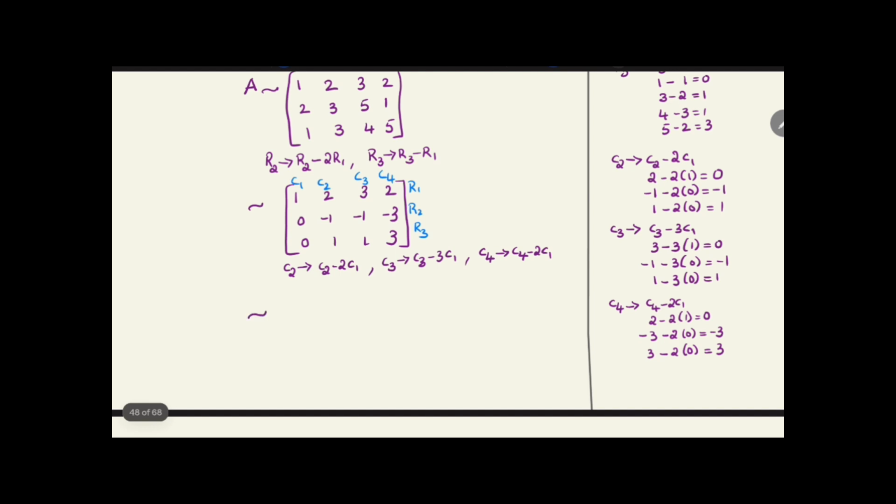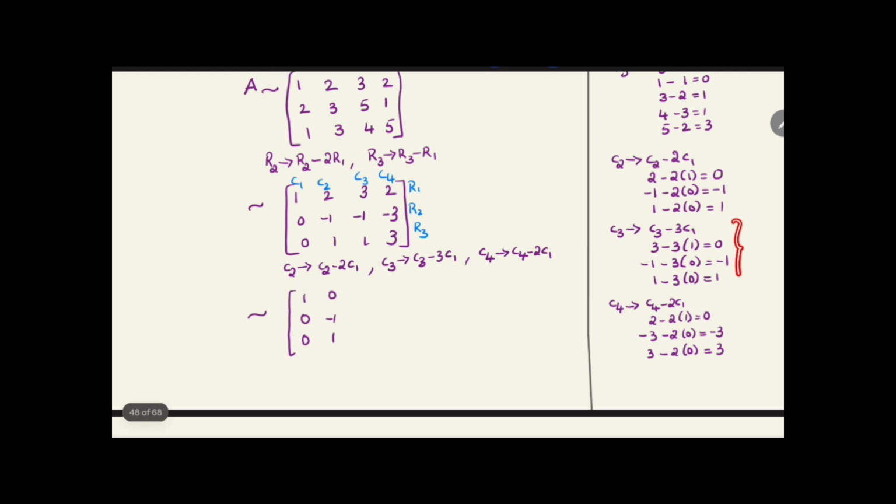Okay, now let's write the matrix here. The first column remains the same, 1, 0, 0. These are the second column elements: 0, minus 1, 1.